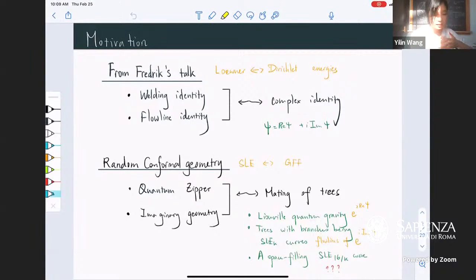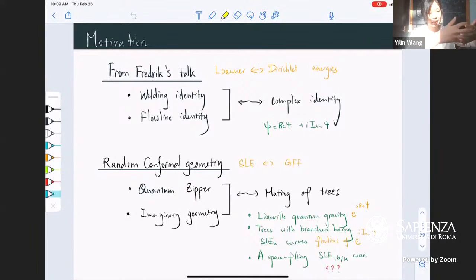But there's a third player in this story, that is the space filling SLE 16 over kappa curve. So those trees, if you take a very small kappa, have fractal branches, but they're not super fractal. Let's say Hausdorff dimension 1 plus kappa over 8.